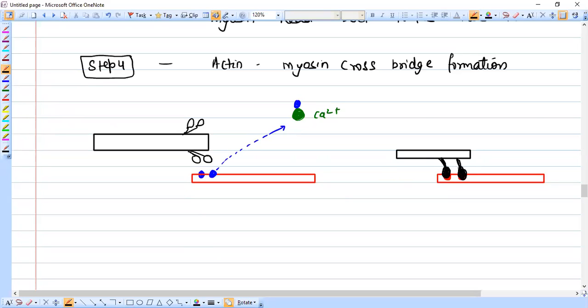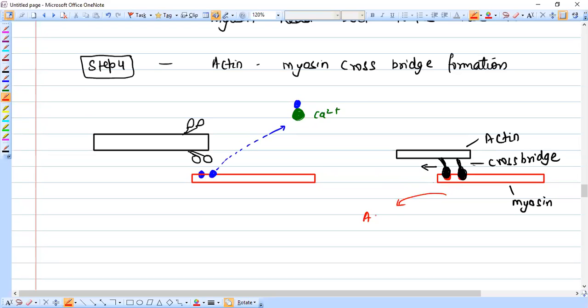So now this is actin-myosin cross-bridge formation. This is actin, this is myosin, and this is the cross bridge. This actin and myosin cross bridge formation takes place, and this head will move in this direction. As a result, this entire actin will be pulled inward.